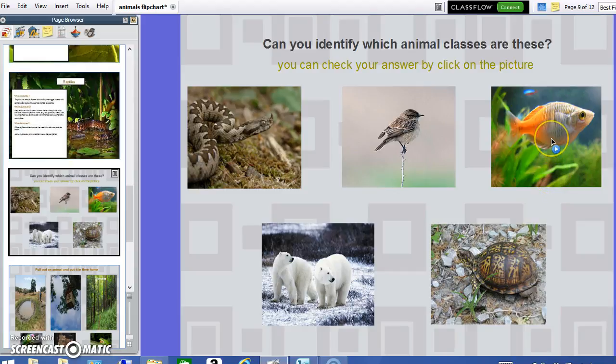This is the fish, and this is the correct answer. By clicking on the picture, he can see the answer.